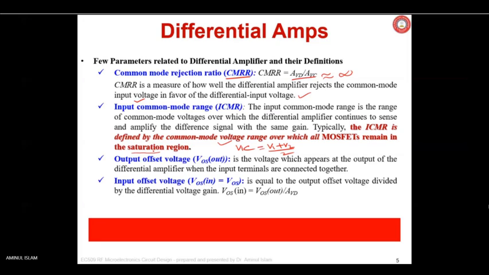Remember, normally when you design a MOSFET based circuit, we are talking mainly about MOSFET based design right now, from my previous lectures.